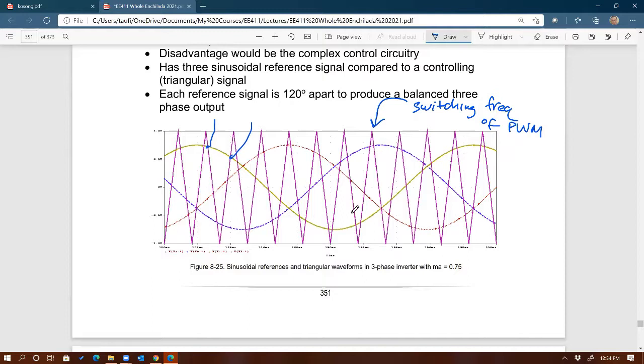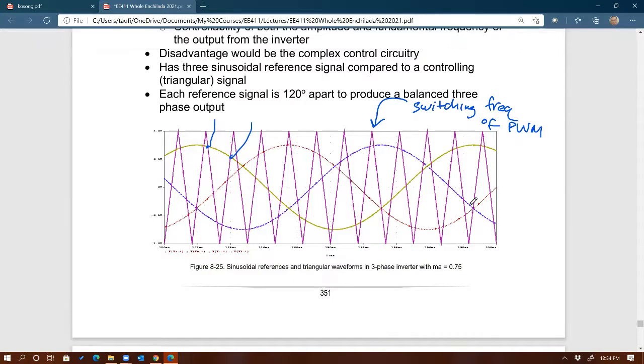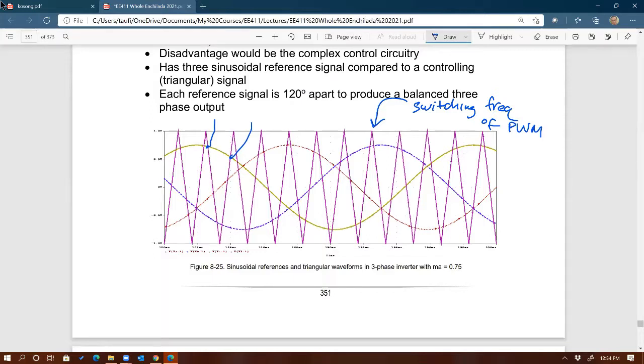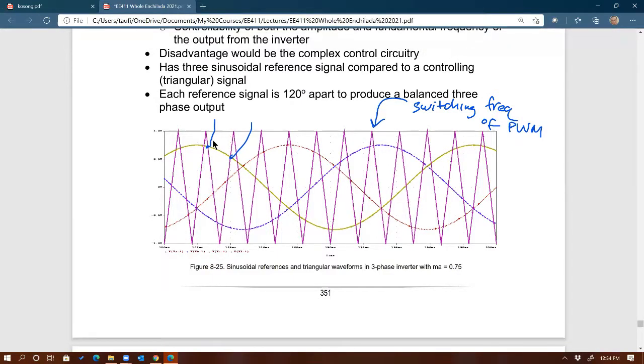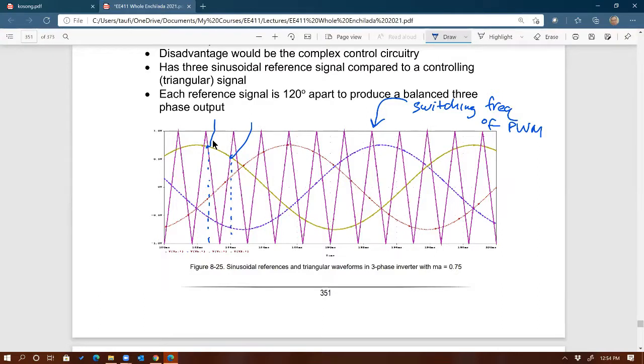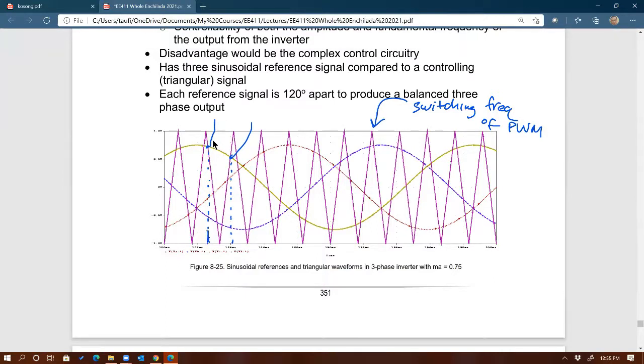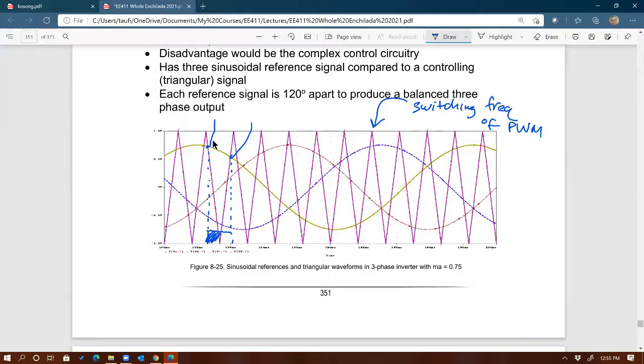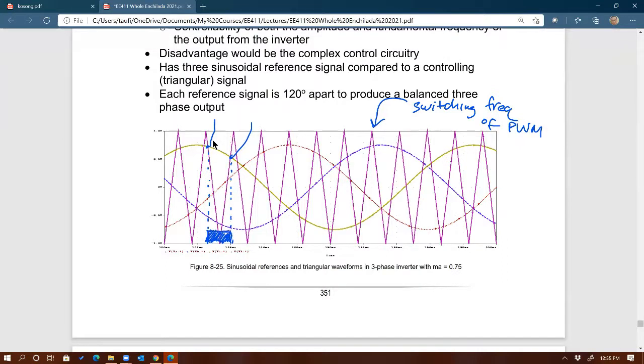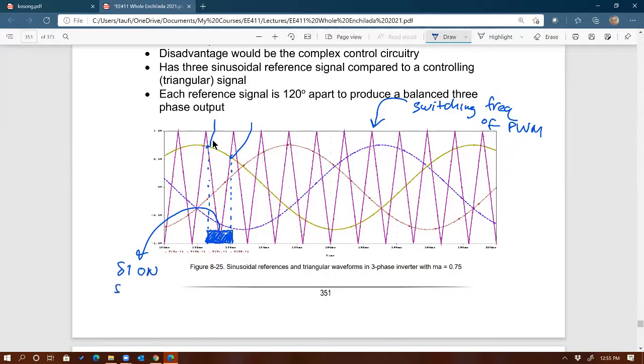You see that? So if I draw the, what happened to my pen? Oh, right here. If you compare the two, the sine wave is larger than the triangular waveform. Then if you draw the straight line down from the first intersection of the two to the second intersection of the two, during this segment you will send the high pulse to the top switch, meaning turn on S1.